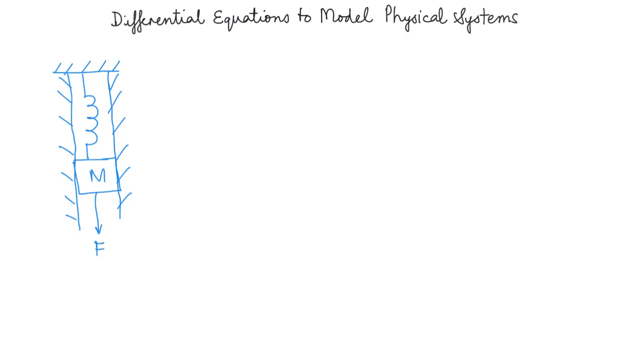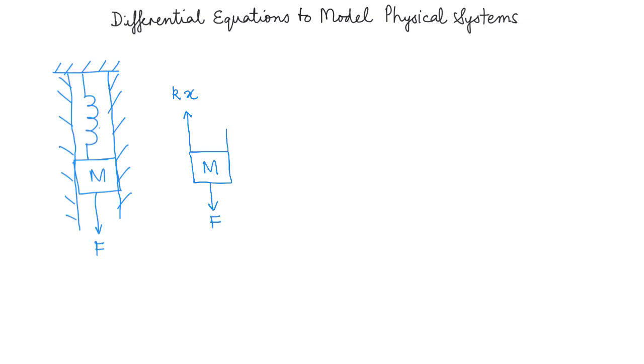Now if you draw the free body diagram of this mass, I'm sure you know how to draw free body diagrams, you have learned it in basic physics. So you have a force F which is being applied. Now this spring, let's assume that it's an ideal spring, is stretched by, let's say, x, so it applies a force kx, where k is the spring constant.